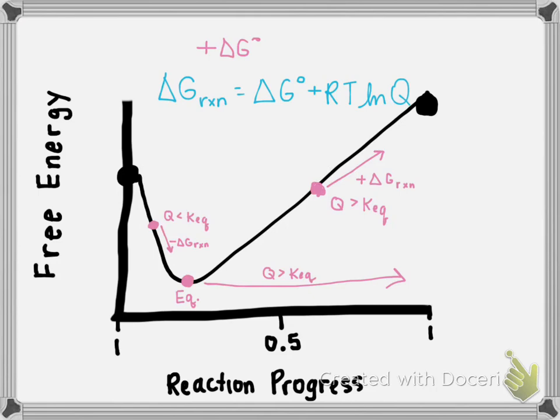Okay, so these graphs can be a roadmap to help us think about how changing concentration and where we are in regards to equilibrium will affect the spontaneity of a reaction at certain conditions with regard to concentration.